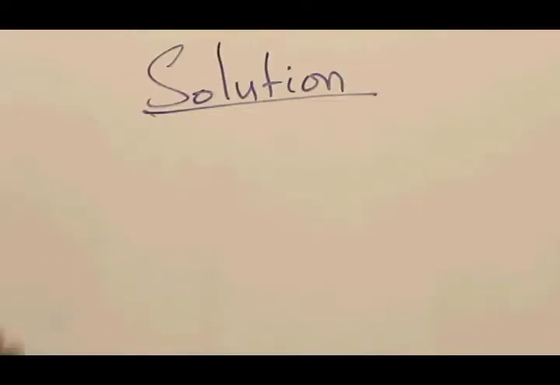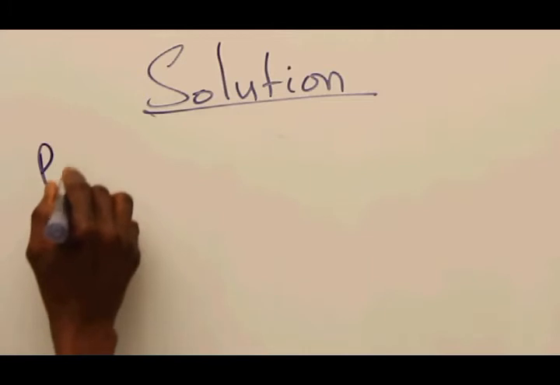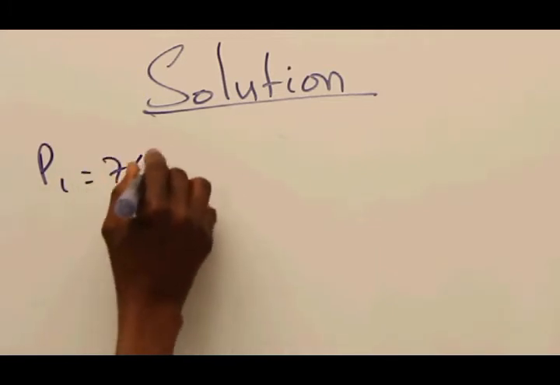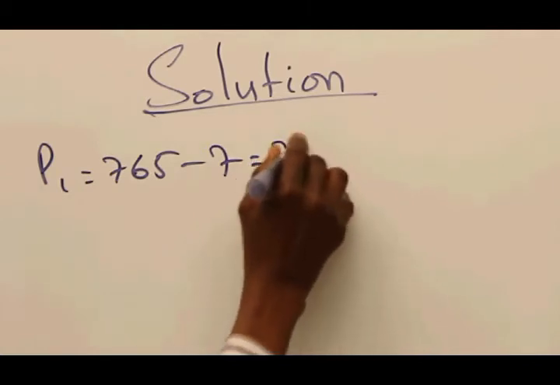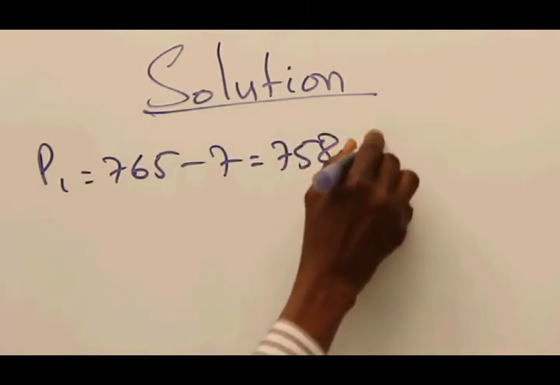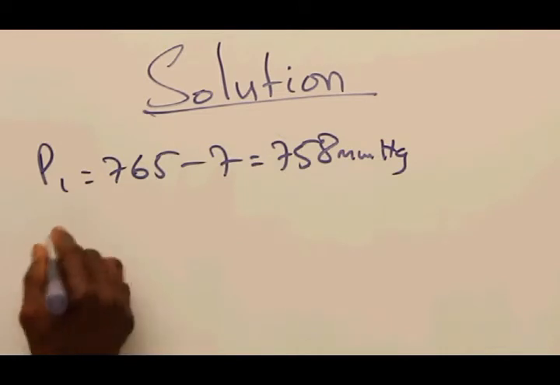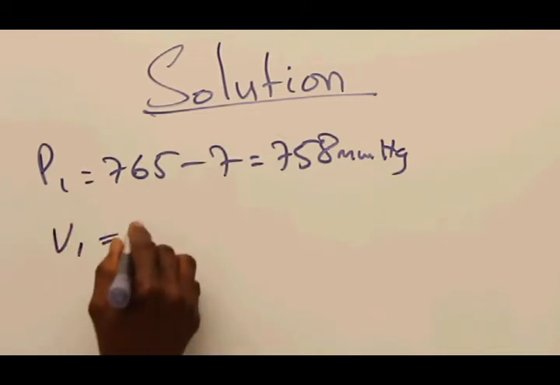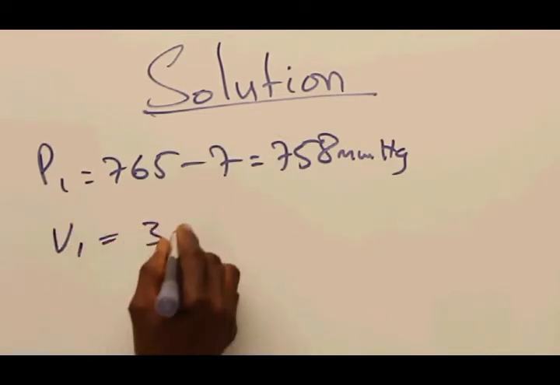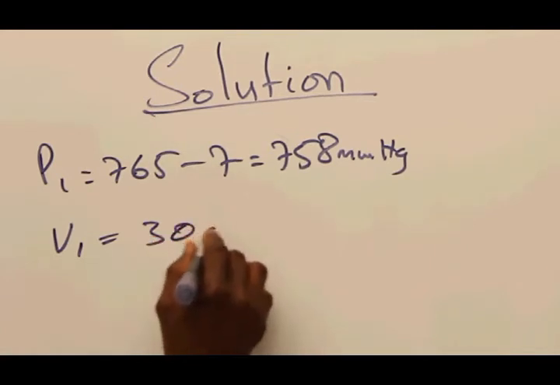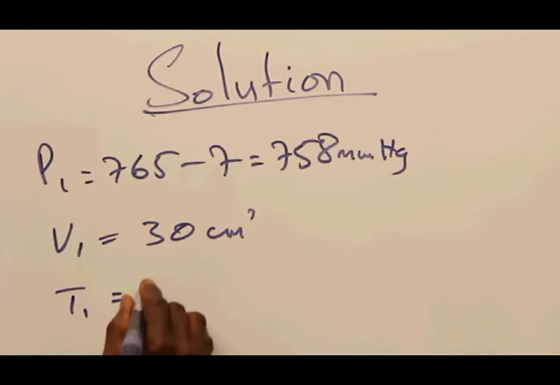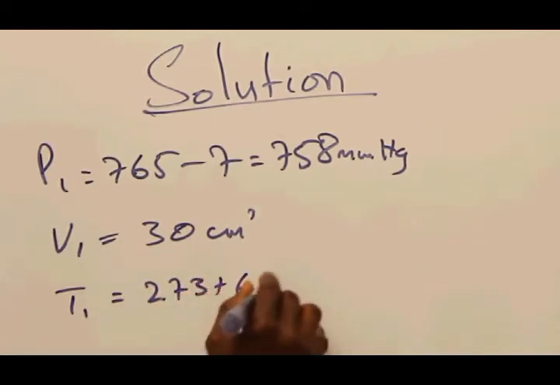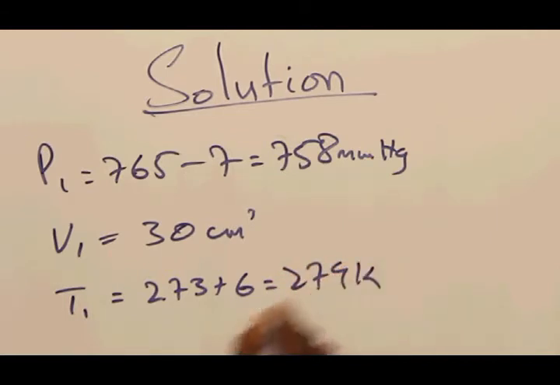From the given data, P1 is 765 minus 7 to give 758 mmHg. V1 is 30 cm³, and T1 is 273 plus 6, that is 279 Kelvin.